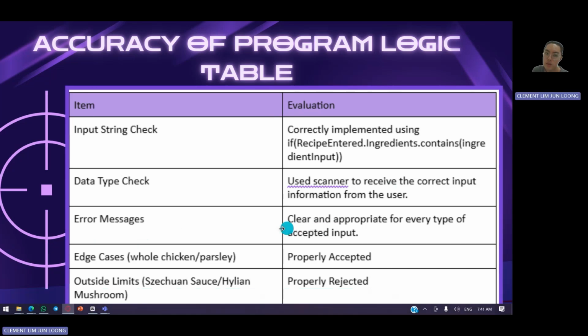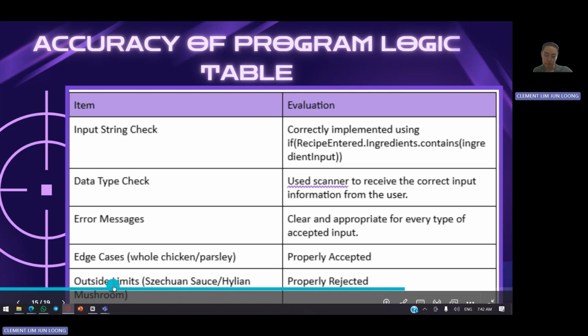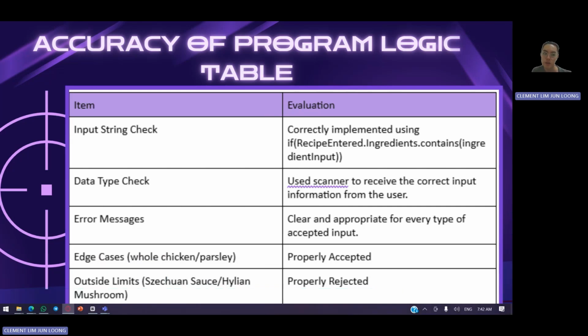The error messages are clear and appropriate for every type of accepted input. As for edge cases, whole chicken and parsley, this is because the whole chicken is the first ingredient and the parsley is the last ingredient. The evaluation for this, properly accepted. Outside limits, let's say Sichuan sauce, helium mushroom, as we saw earlier, they are properly rejected. And that's it for the accuracy of program logic table.